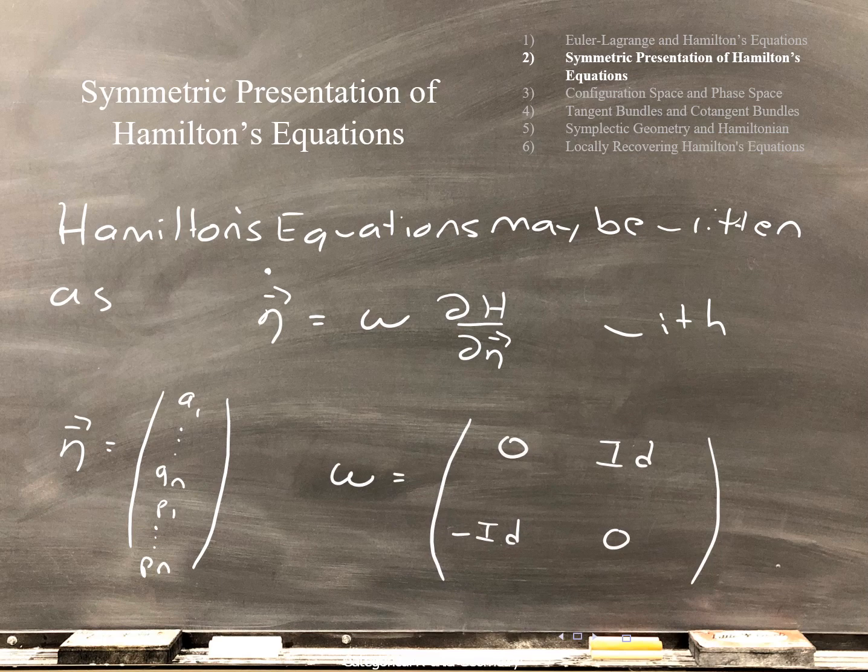This is going to be a 2n by 2n matrix. We're going to get zeros for the n by n parts in the upper left quadrant, as well as the lower right quadrant, and n by n identity matrices in the other quadrants, with one of them coming in with a minus sign. So just looking component by component, this is just going to reproduce Hamilton's equations, which we presented earlier.